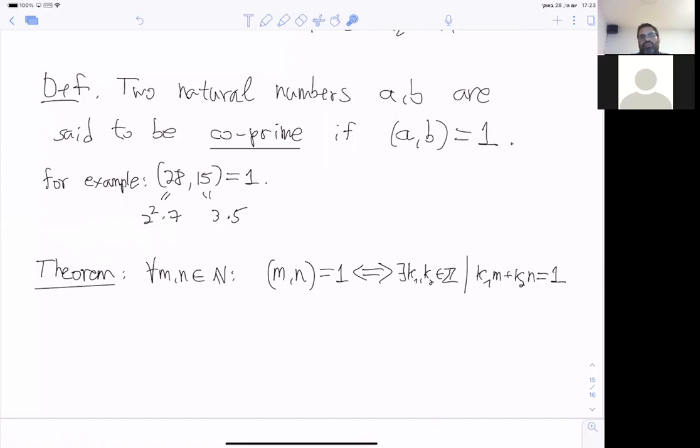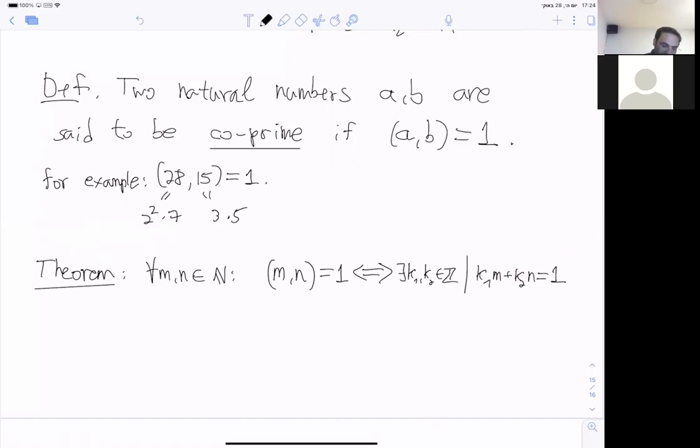It's not true for other D, because if you find, for example, 1, you can multiply both sides by some D, so you have another combination that gives you D, but it's not the GCD here. But if you are able to find a combination that gives you 1, then they are coprime.